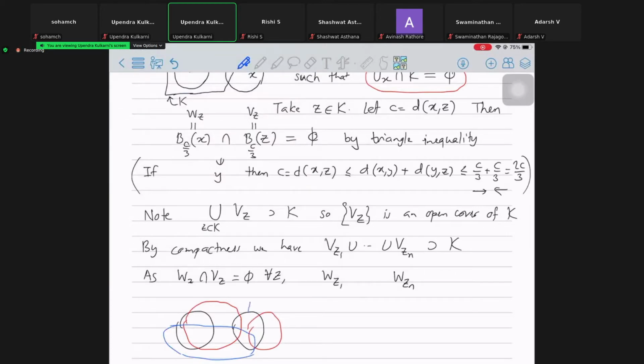Okay. So what are these? This is V_Z3, or let me not use the Z's here. So let us say this is V3, and now I have W3.